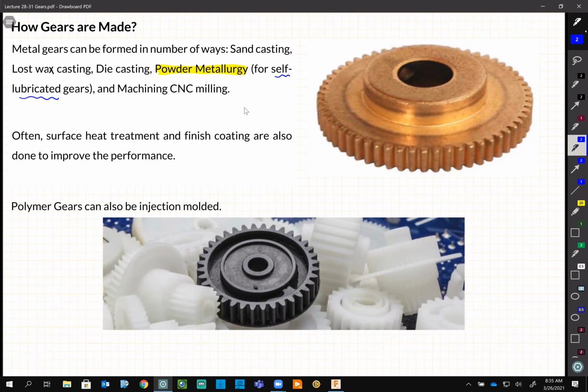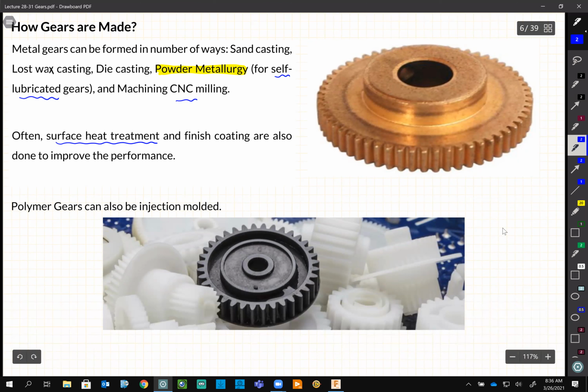Anyway, you're going to learn about it later, whether you are mech or manu students. And then CNC, of course, especially for helical gears, CNC has been used a lot. You can read about it later. It's not the focus of this lecture and this course. It's just a quick intro. And gears, of course, we need to do surface treatment.